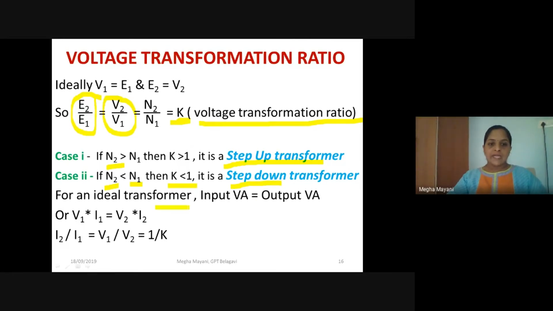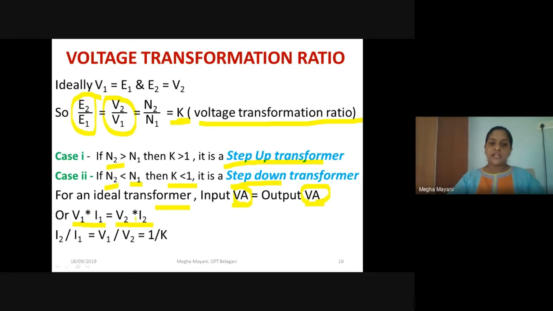For an ideal transformer, you have input voltage current exactly equal to output voltage current. That is, power at the input should be equal to the power at the output. Or you can even write volt ampere as V1 I1 is equal to V2 I2. What is V1? V1 is nothing but the supply voltage applied to the primary, and I1 is the current which is flowing in the primary.